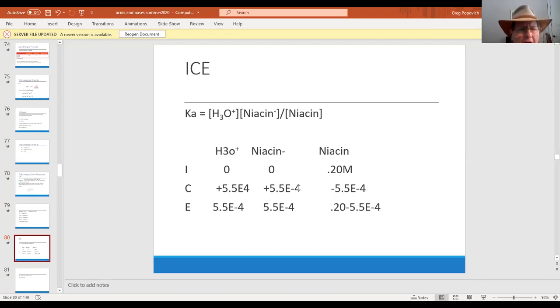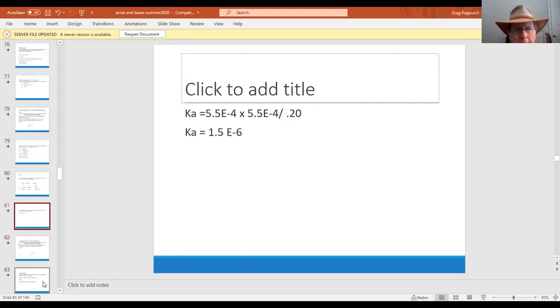So whatever the change is of the niacin and the H3O, that makes my niacin negative that amount. So I have my equilibrium value of neutral niacin as 0.20 minus 5.5 e to the negative 4. I plug those values in, solve for Ka, I get 1.5 e to the minus 6.